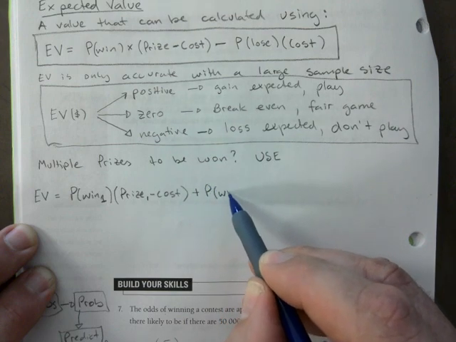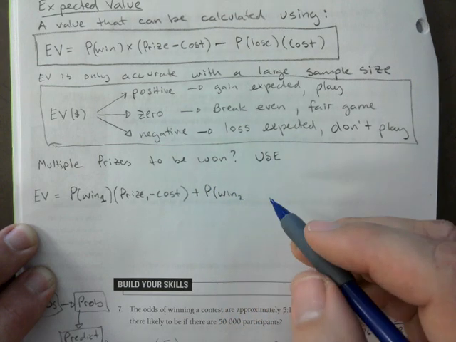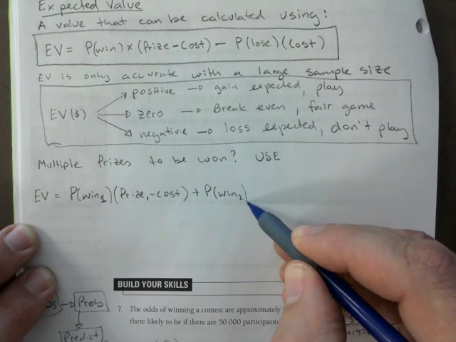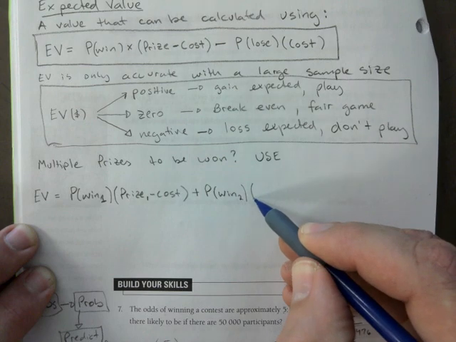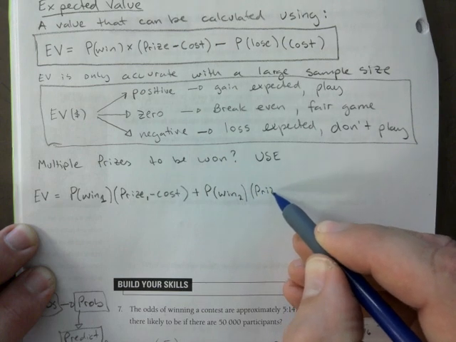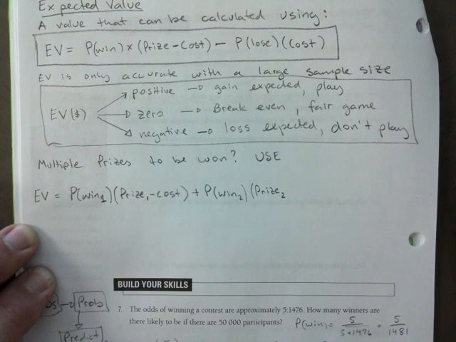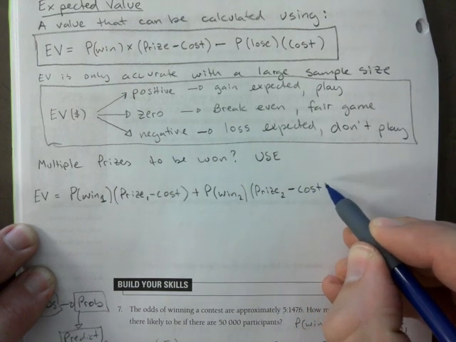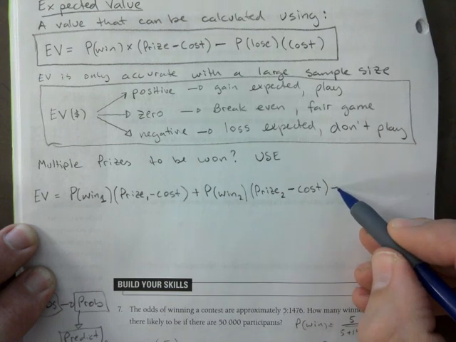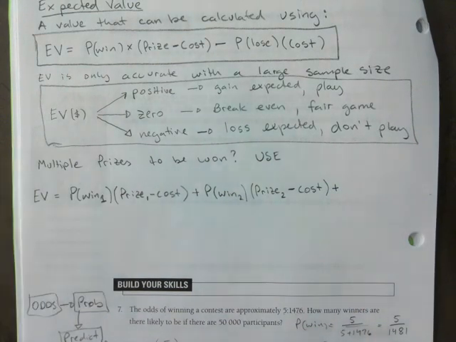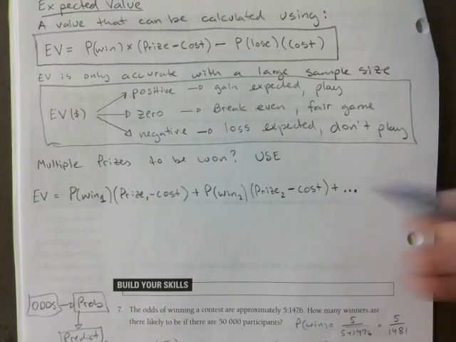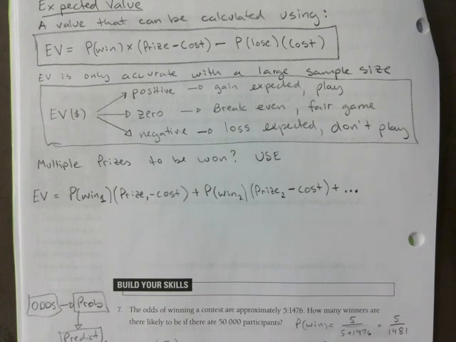This is probably the only one that I would add, because this one covers all bases. Times whatever the prize is for that second, it will be a dollar amount, minus the cost of playing. And in math, when something would continue for as many times as you have to, we would just go dot, dot, dot, like that.